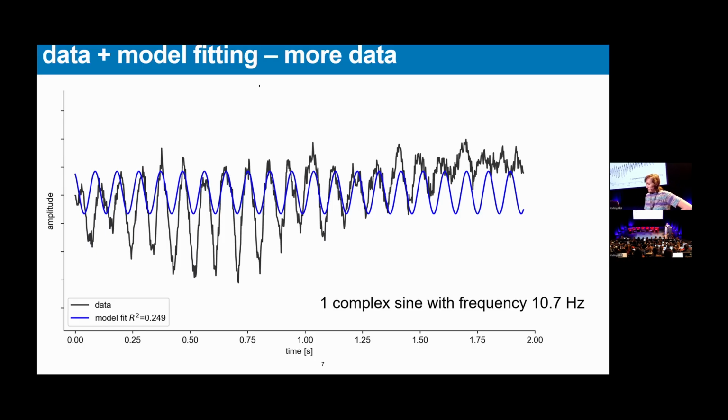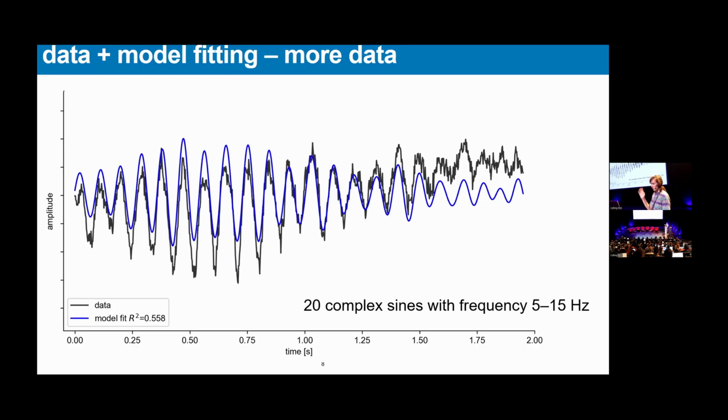Sad. So maybe we don't have enough factors. Let's try it with even more sines. Maybe my eyeballing of the frequency was not perfect, so I now put in more factors. I put in more complex sines with different frequencies.